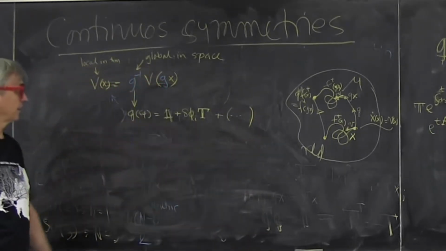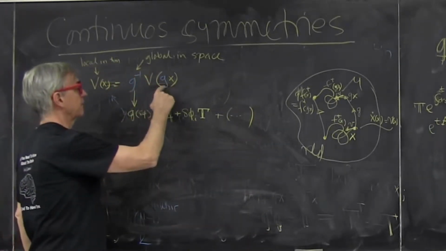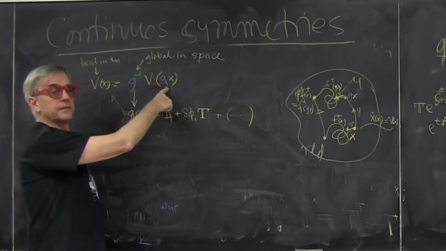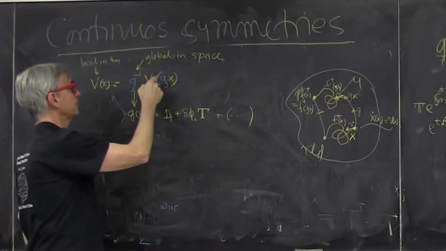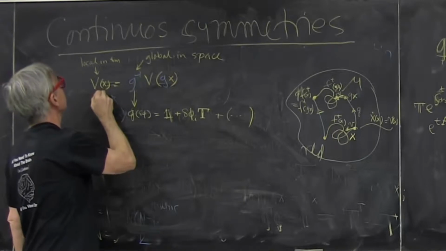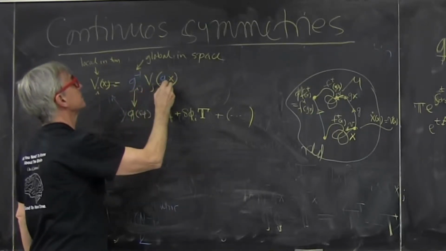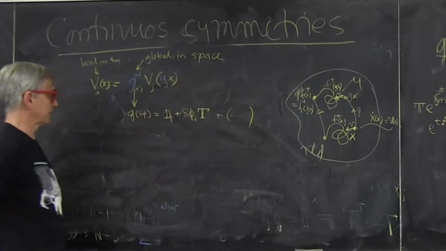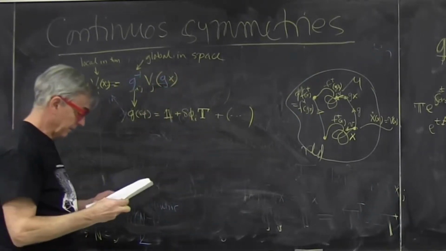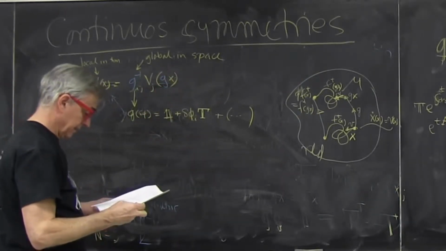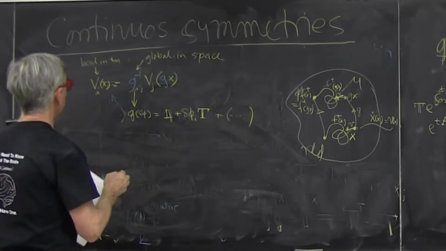So just substitute it here. And obviously you'll have to do one partial derivative because I'll have to Taylor expand this thing. So this is i, j, and this is a matrix multiplying a vector. When you do that, you get a very simple result.